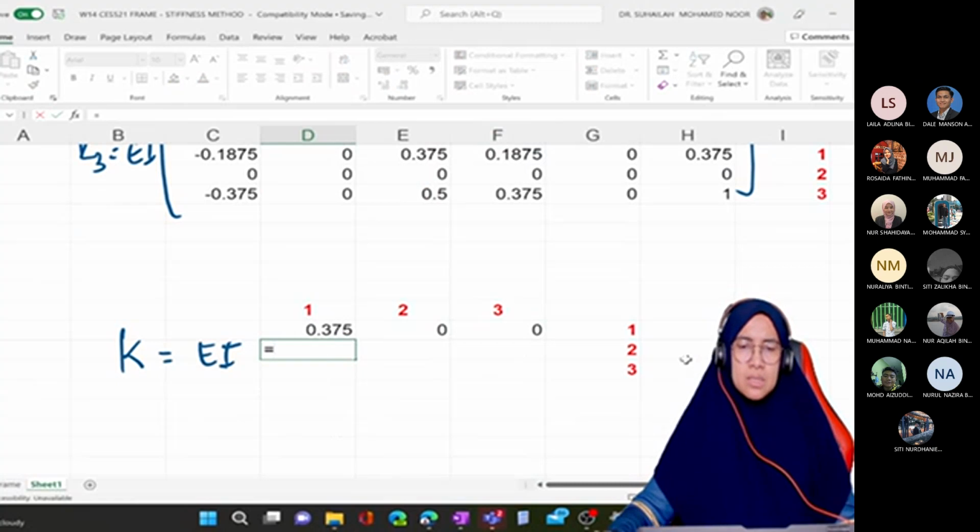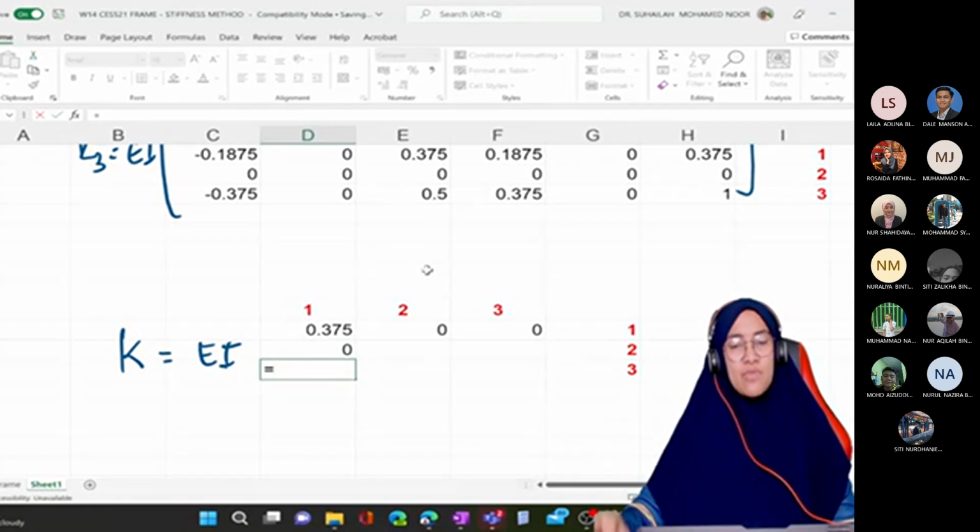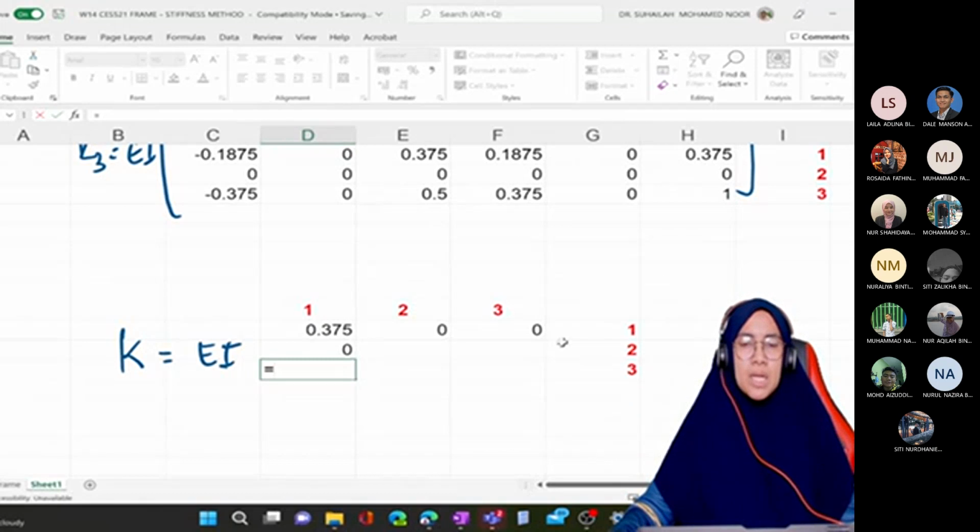This is a symmetric matrix, so when we write it in matrix form it will be symmetric.